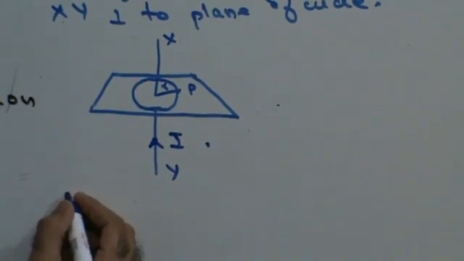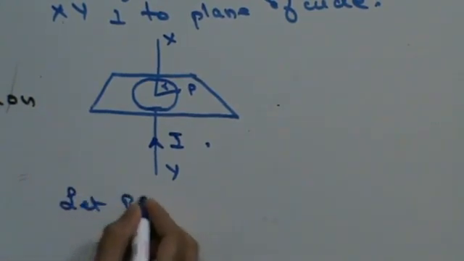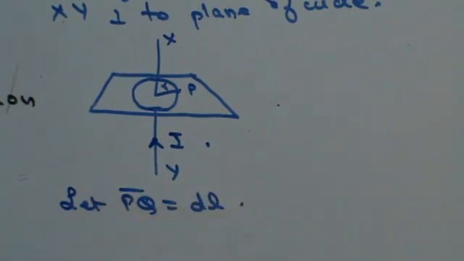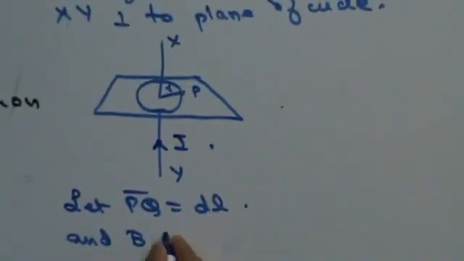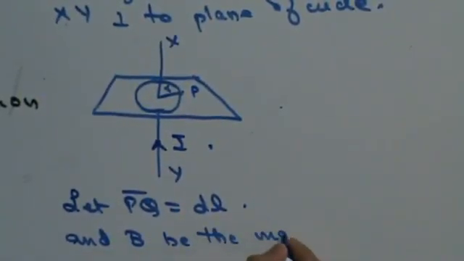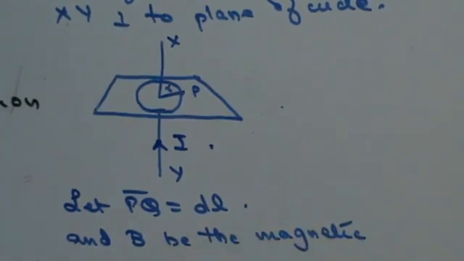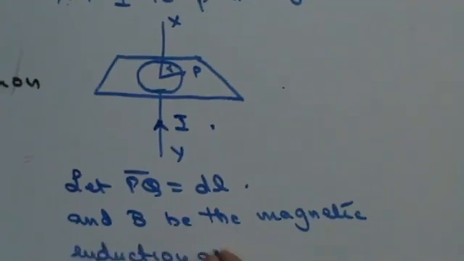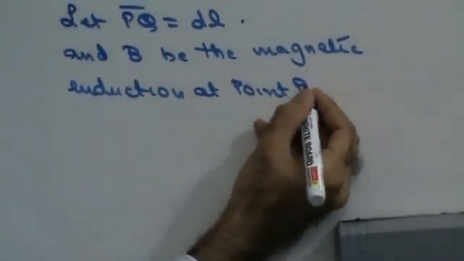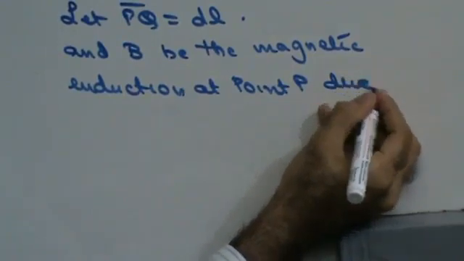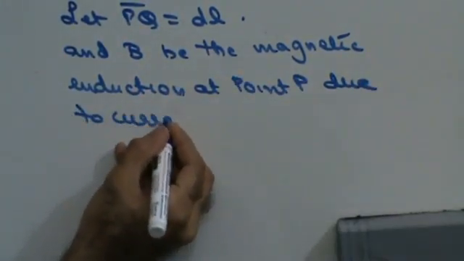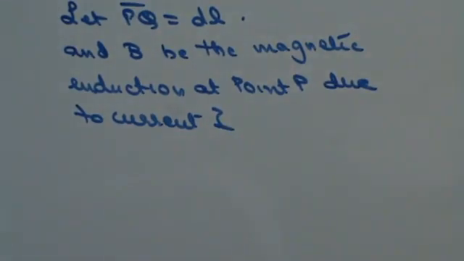So I can say that let PQ vector be equal to dl and B be the magnetic induction at point P due to current I. So I is the current flowing through the conductor, B is the magnetic field that is produced at point P.